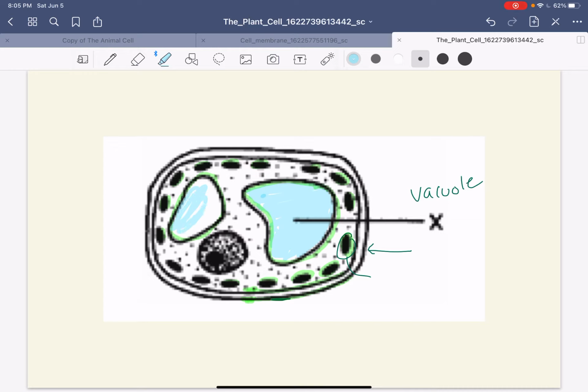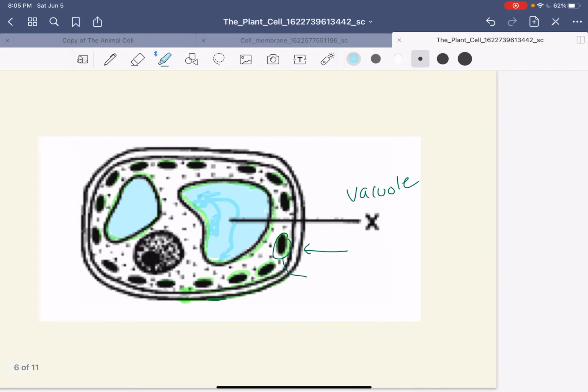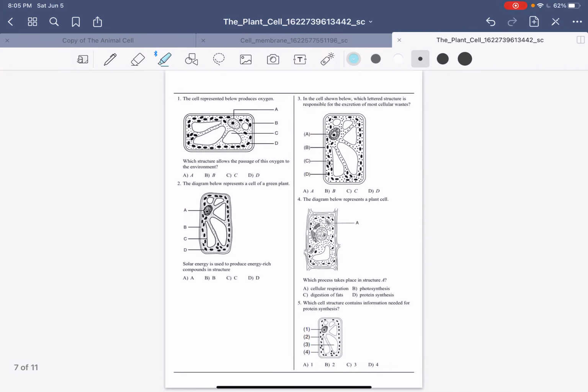So these large bubble-like structures is the vacuole. Just want to make sure you understand how to differentiate an animal cell and a plant cell. And another thing is that when you read the directions, it also tells you what you're looking at 90% of the time.